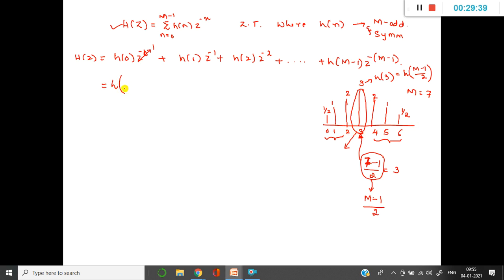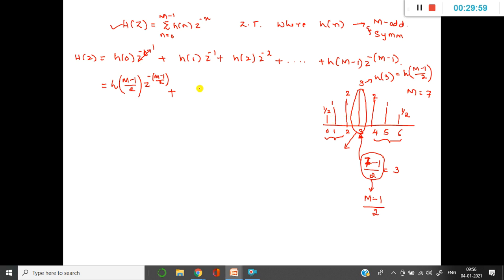So in this case I can write this as h((M minus 1) divided by 2) into z to the power of minus (M minus 1) by 2, plus.